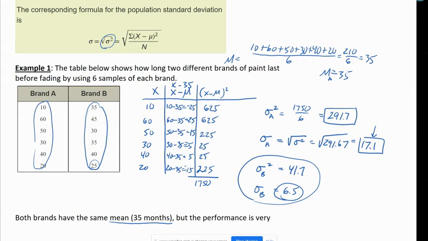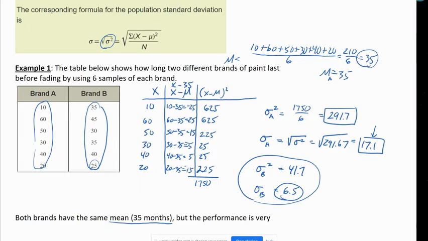Even though they both have an average of 35 months, brand B is much more consistent. So if we buy brand B, we can expect it to come somewhere close to 35 years. Whereas with brand A, the average is 35, but we may have really poor performance and get 10 years. We may have great performance and get 60 years.